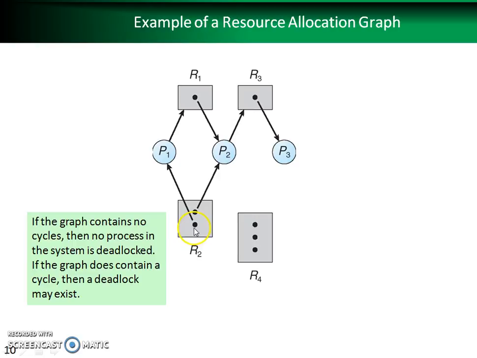The three dots inside R4 denote there are three instances of R4. Similarly, R1 has only one instance, R3 has only one instance, and R2 has two instances.